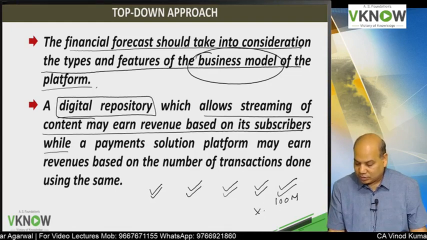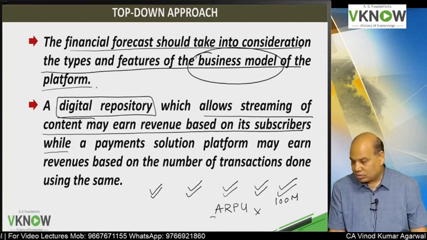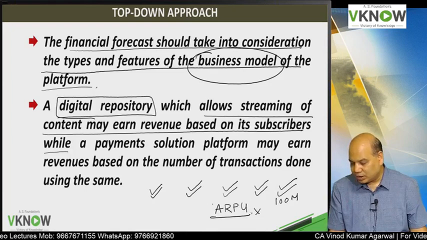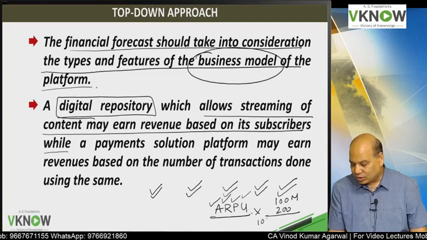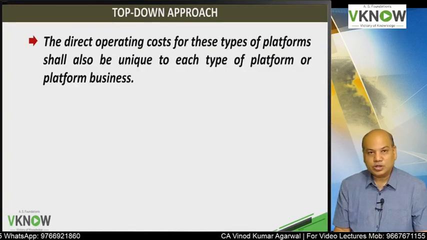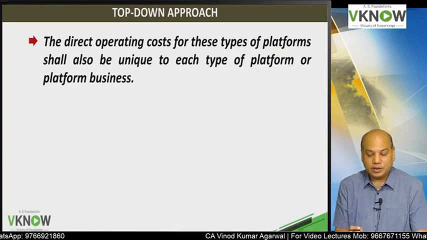In their language they call it ARPU. Have you heard of ARPU? Average revenue per user is, suppose, 200 rupees. Then your total revenue will be 100 into 200. That is how the projections are done in the case of a digital platform.